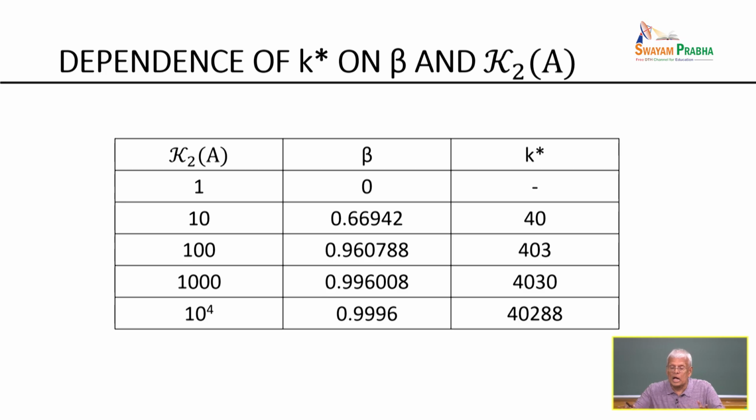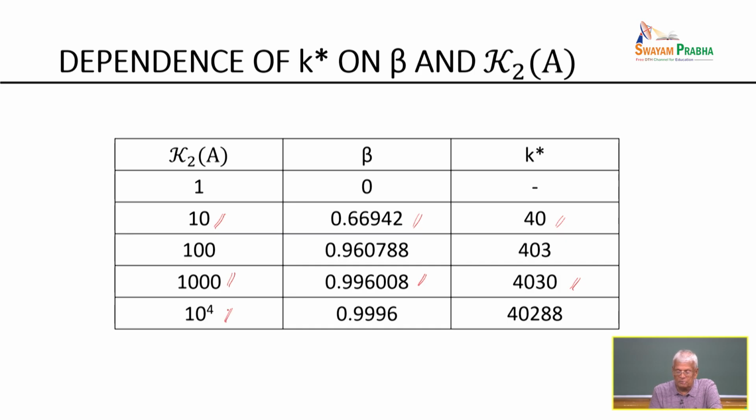I am now going to talk about the dependence of k star and beta, which is called kappa 2 of A. If kappa 2 is 10, beta is 0.66, I need 40 iterations. If kappa 2 is 1000, beta is 0.996, I need 4030 iterations.